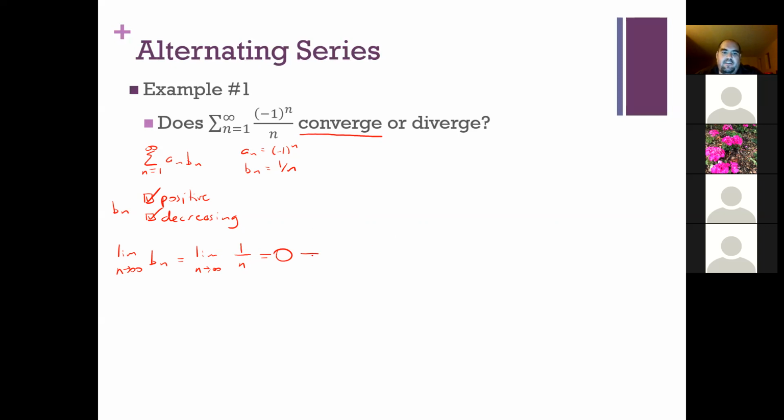So because that limit is 0, this alternating series must converge by the alternating series test. Any questions on this first one?